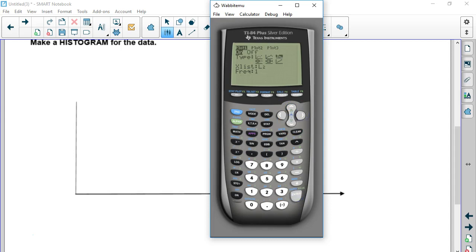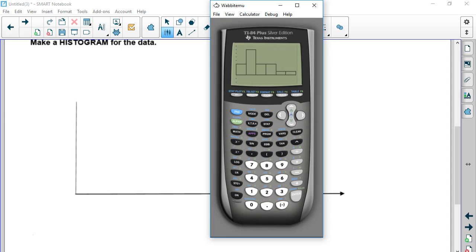We hit enter. Again, I need to tell it to look into L1, so second one, and graph. Since I was not looking at my instructions, I wonder where is everything. I forgot. Zoom, go down to 9, enter. And there's my data points.